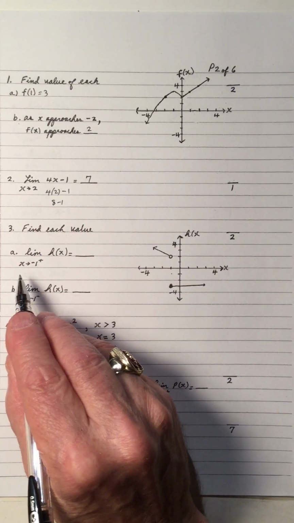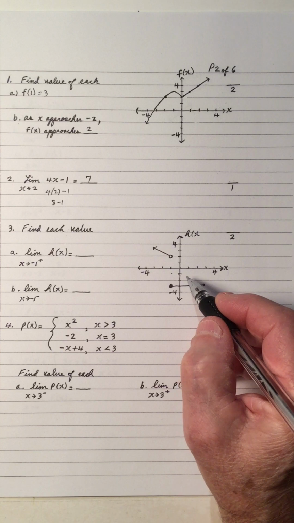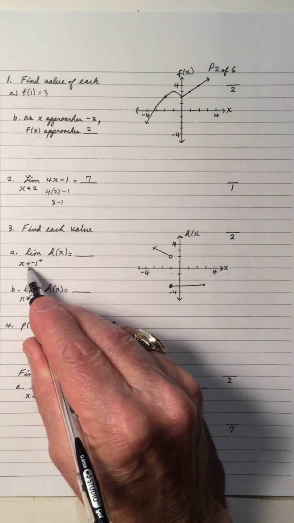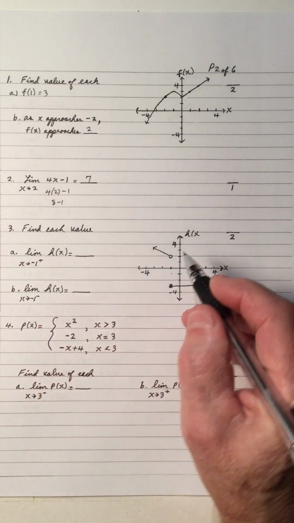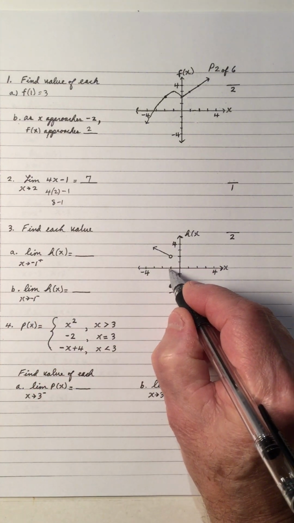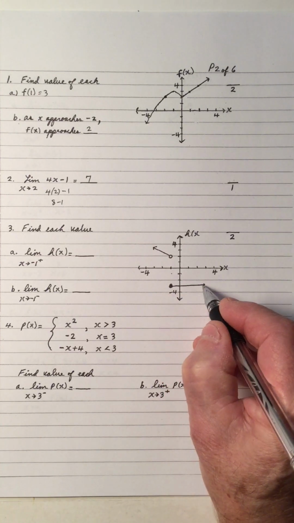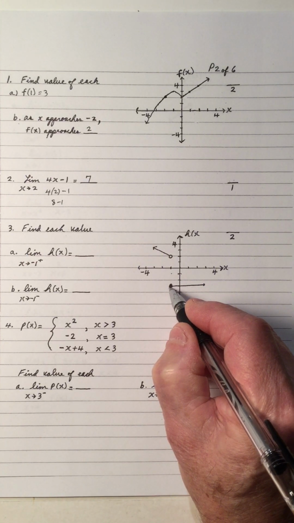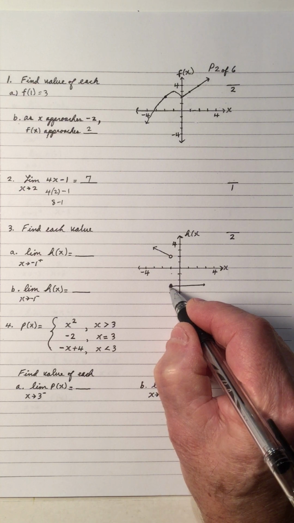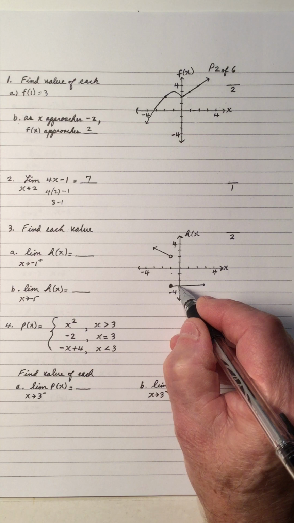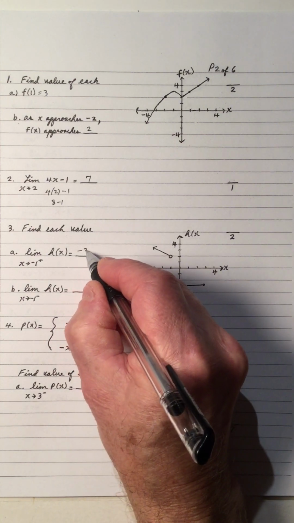Find the value of each. So we have a graph here, and this is the h of x, so the limit of h of x as x approaches negative 1 on the right side. We're approaching negative 1 on the right side, so we're coming down here. That means we're on this part of the graph. So as we approach negative 1 on the right side, the y value becomes negative 3, sorry.